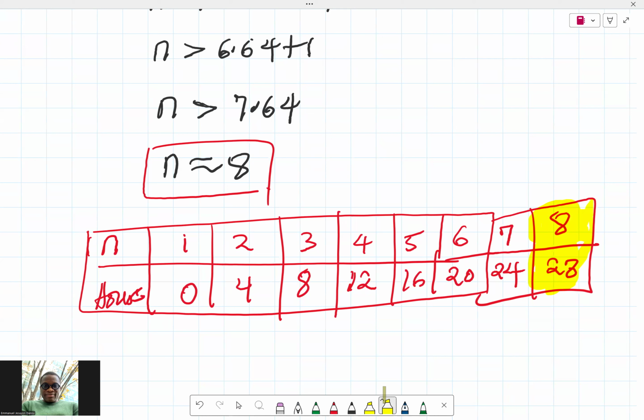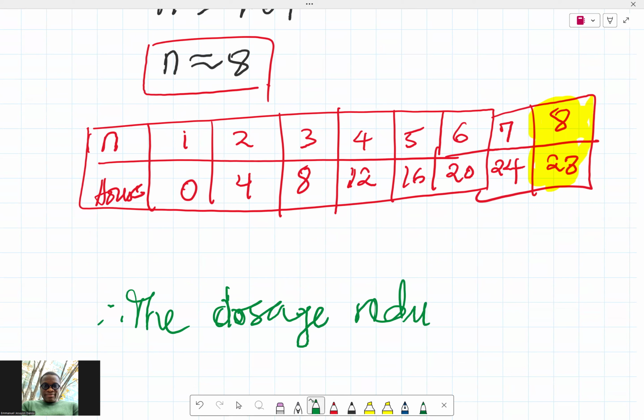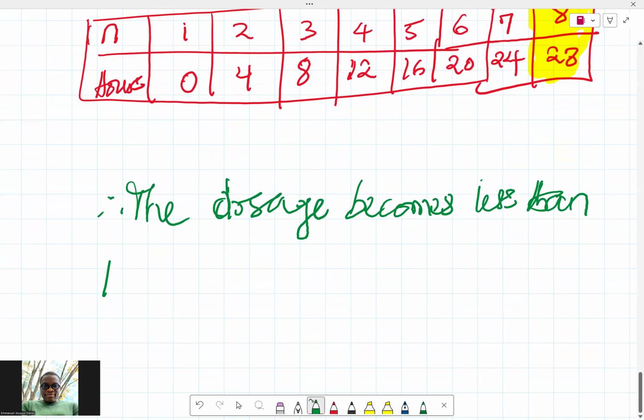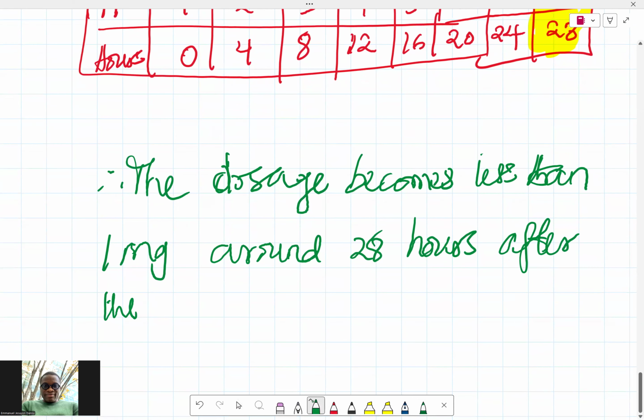So we can now conclude, therefore, the dosage becomes less than 1 milligram around 28 hours after the first use.